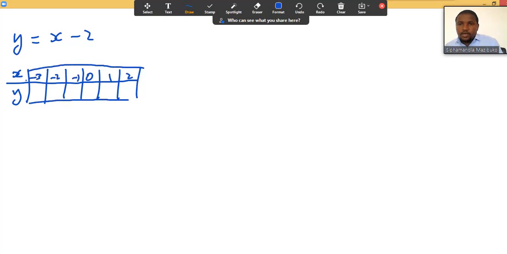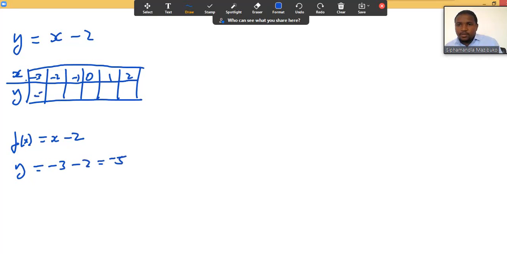So let's find out if x is equal to minus 3, what will happen? We'll have f at x is equal to x minus 2. So if x is minus 3, we have minus 3 minus 2 is equal to minus 5.